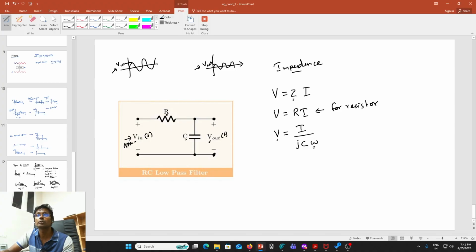What is j? j is nothing but the square root of -1. It's not called i because, I guess, if we put i, the electrical engineers would get confused with current, which is i. So I think that's the reason it's called j.